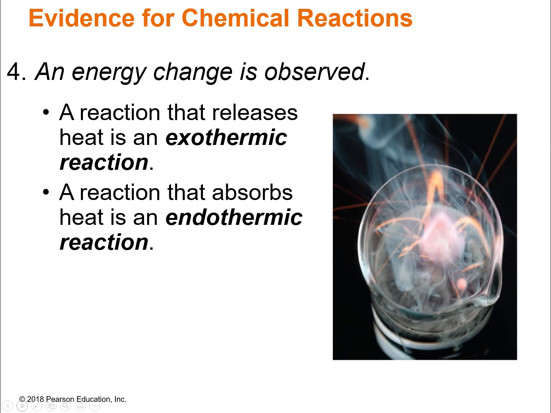The final way is energy change. That means a reaction is going to release heat or absorb heat. You'll need to know the terms exothermic and endothermic. Exothermic is a reaction that releases heat. Endothermic absorbs heat. With an exothermic reaction, your flask gets hot.